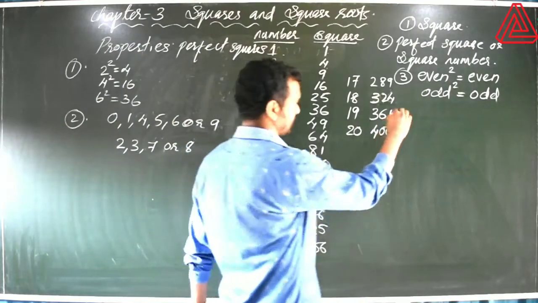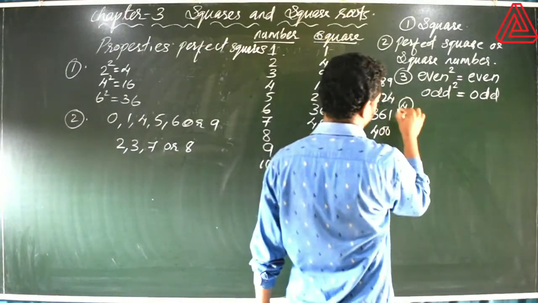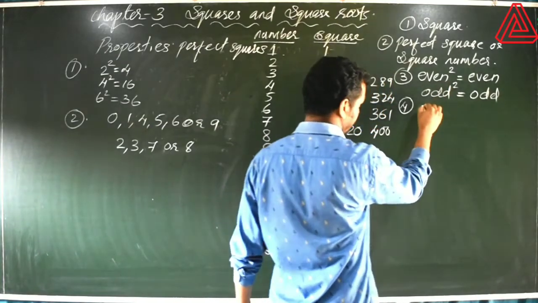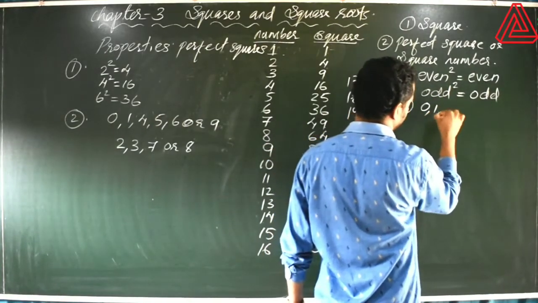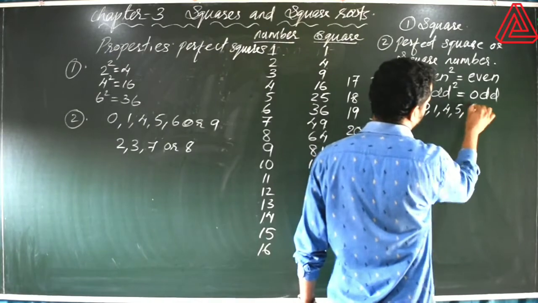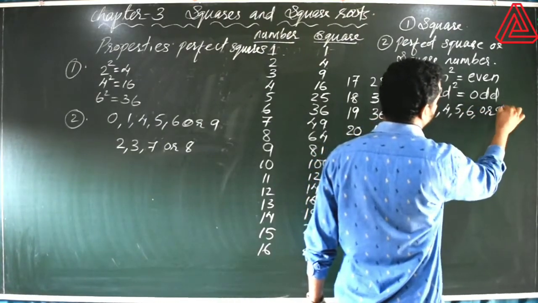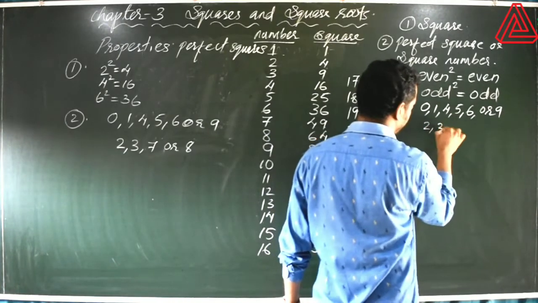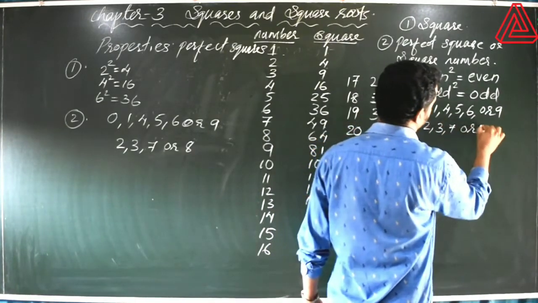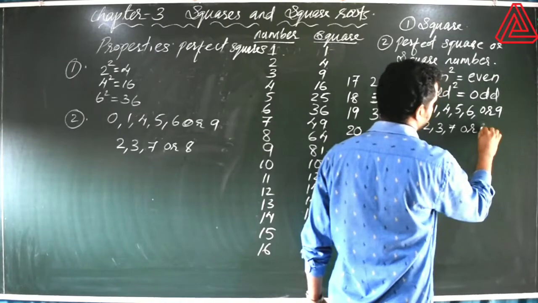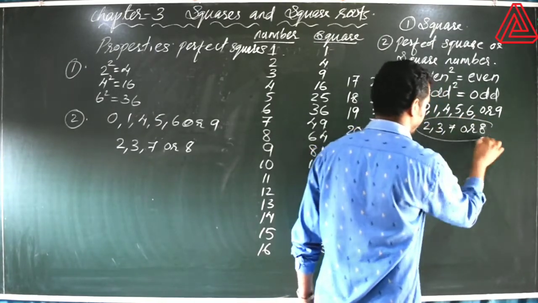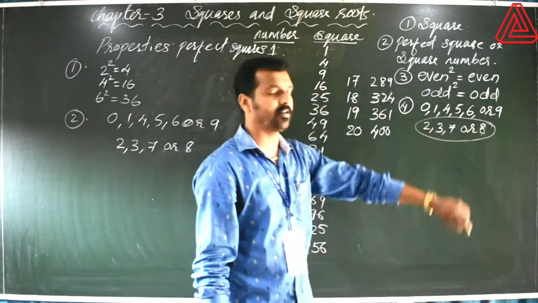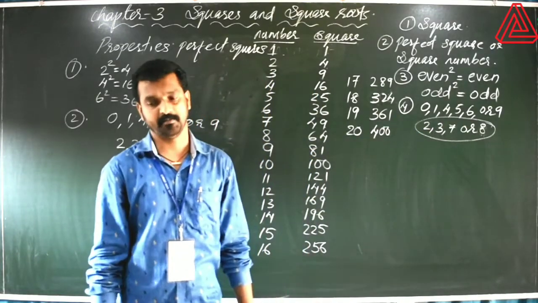That is the second property. We can write the fourth point here. All the perfect squares end with the digits 0, 1, 4, 5, 6 or 9. If a number ends with the digits 2, 3, 7 or 8, then it is not a perfect square.